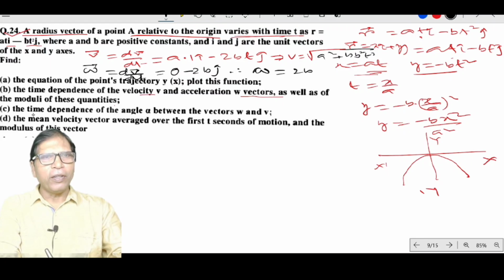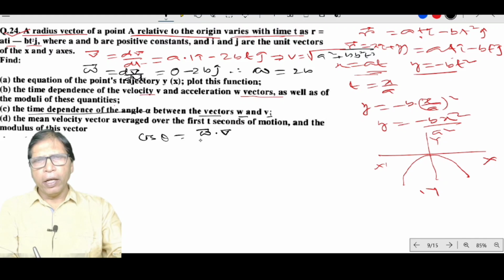Okay, no problem. The time dependence of the angle between the vectors w and v. So cos theta equals w vector dot v vector by modulus of w into modulus of v.